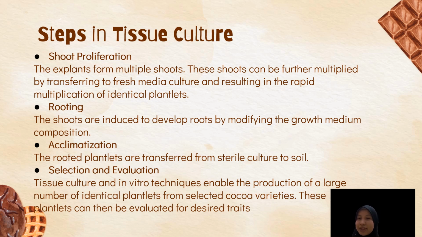And the last step is selection and evaluation. Through tissue culture and in vitro techniques, a large number of identical plantlets can be produced from the selected cocoa varieties. These plantlets can be evaluated for desired traits.